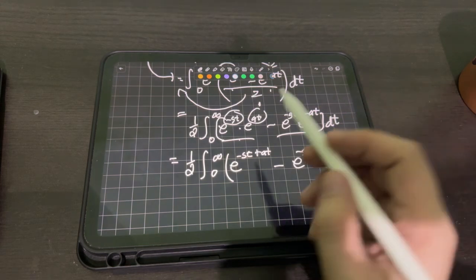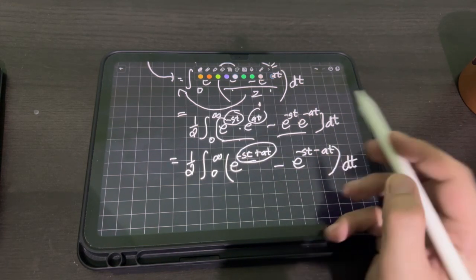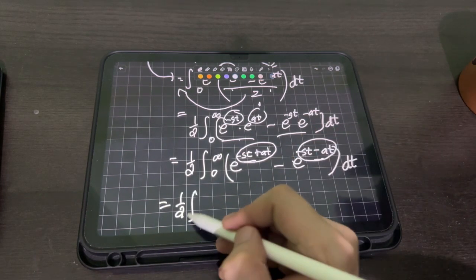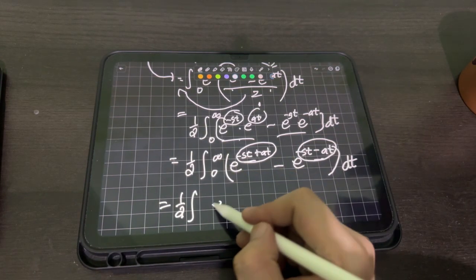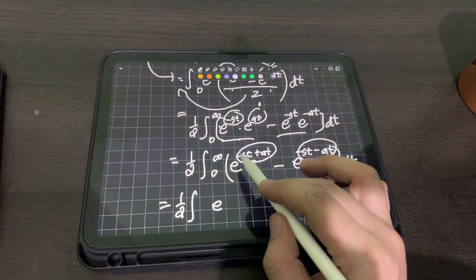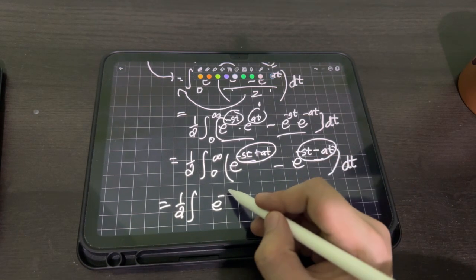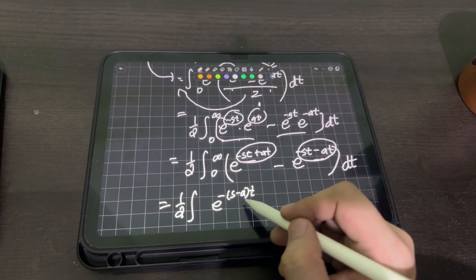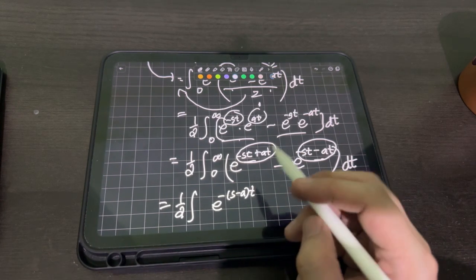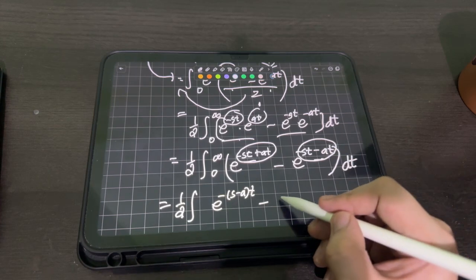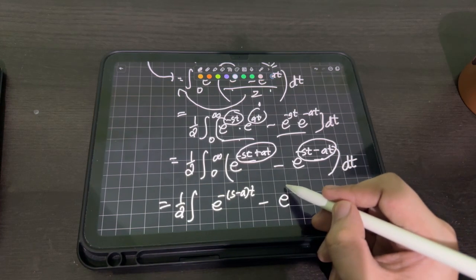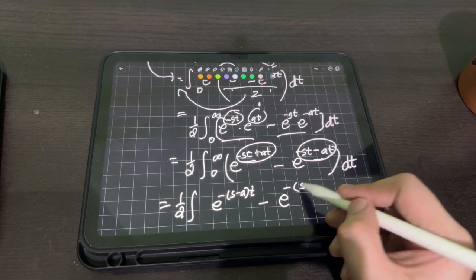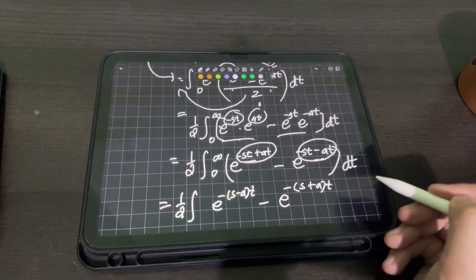So we can factor out t here. So 1/2 integral of e to the, when you factor out negative t here, it's equal to negative quantity s minus a t. Just like on the previous problem, right? How about this one? Minus e to the, factor out the negative t again. It will be negative quantity s plus a t.